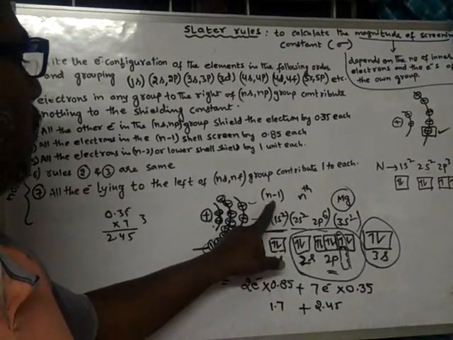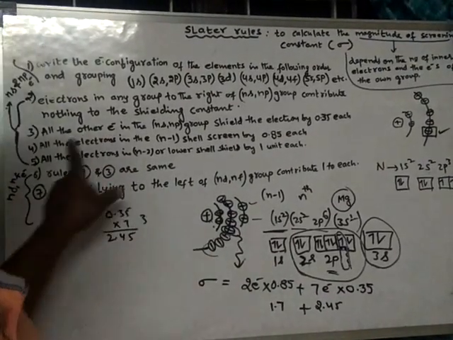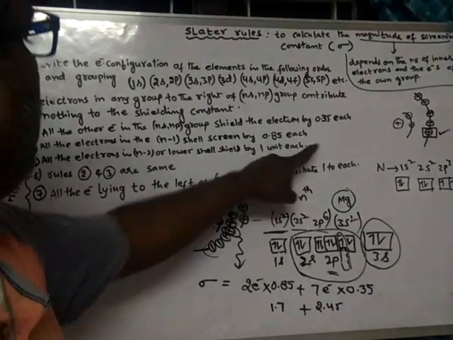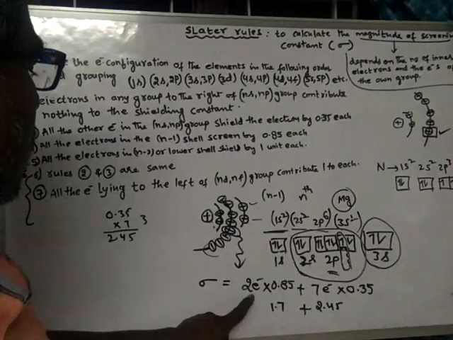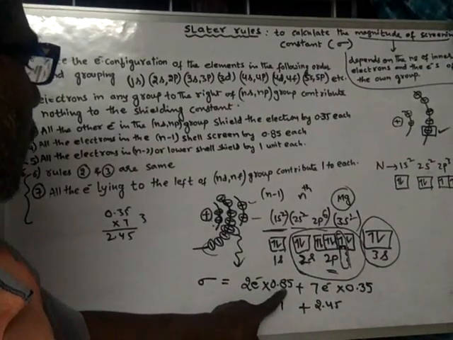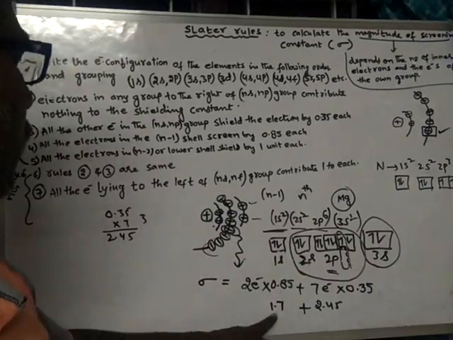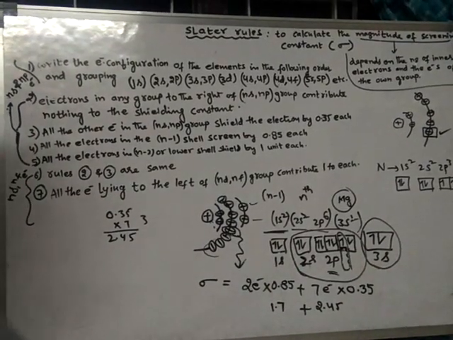So when the electrons belong to the n-1 shell, then all the electrons in the n-1 shell screen by 0.85 each. So there are 2 electrons, so each electron will screen 0.85. As there are 2 electrons, 2 into 0.85, it will be 1.7.